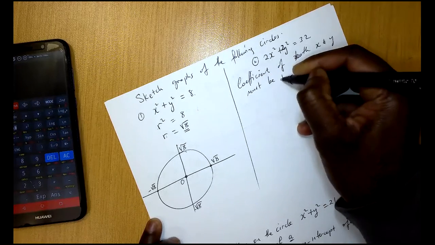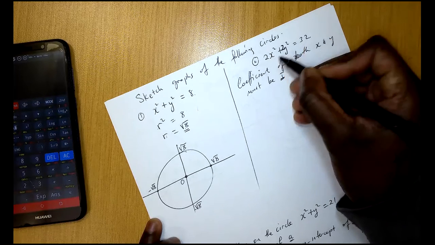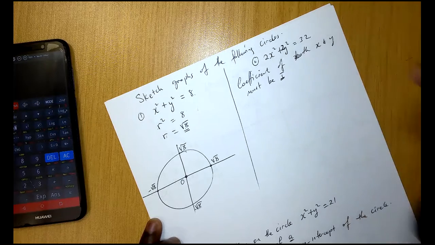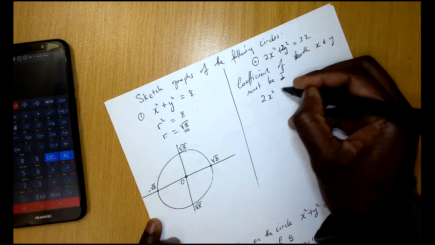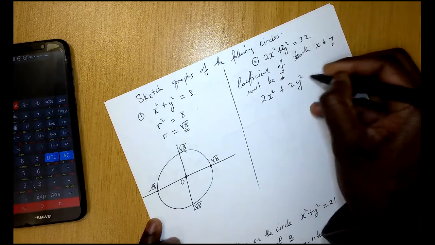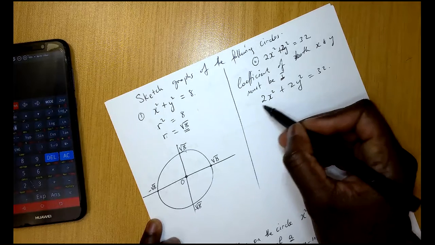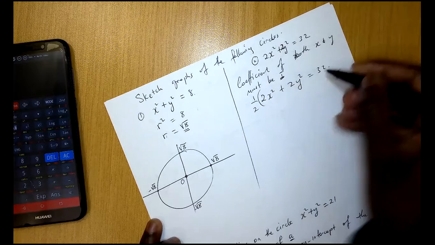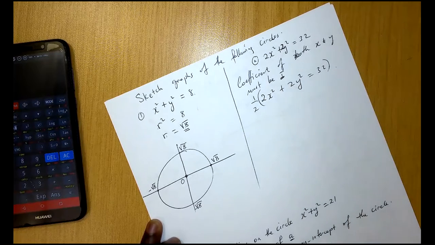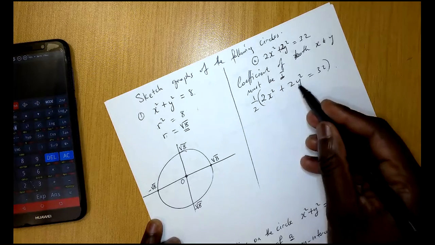So the 2 is something you need to find a way to get rid of. What must you do? You divide by 2 throughout, because you're dividing by the coefficient to get rid of it.